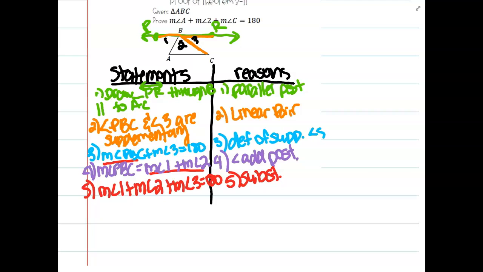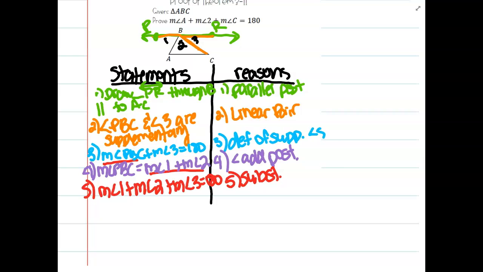Alternate interior angles. I know! Isn't that amazing? Angle 1 and angle A are congruent because they're parallel, they're alternate interior angles. And what about angle 3 and angle C? Yeah, they're also congruent! Oh my gosh, isn't that amazing?